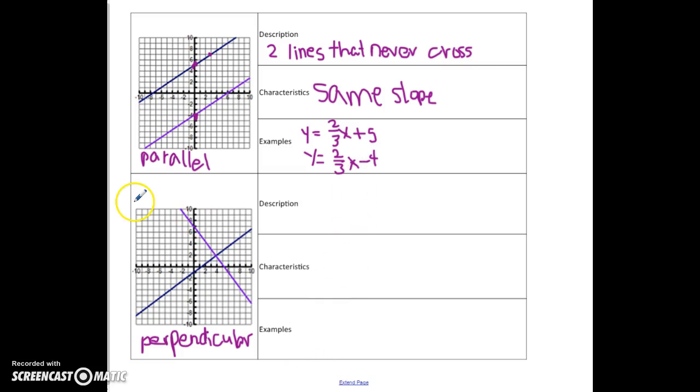The second one, the perpendicular, a description would be intersect at a right angle.